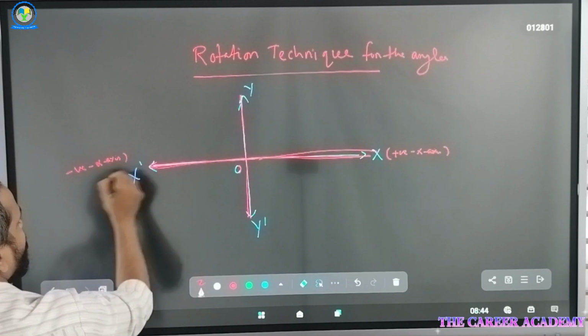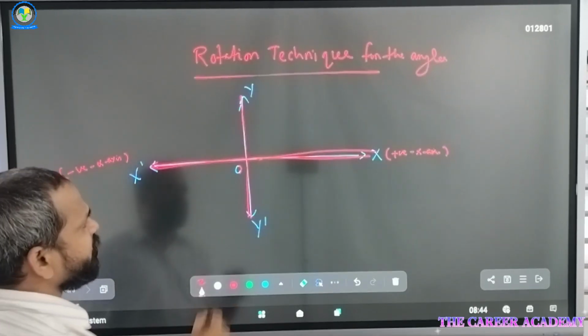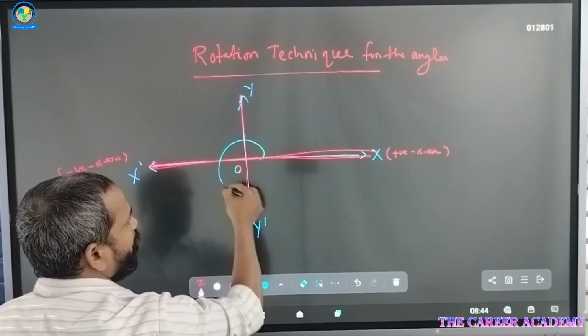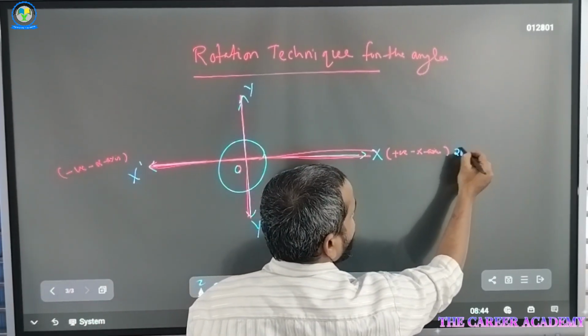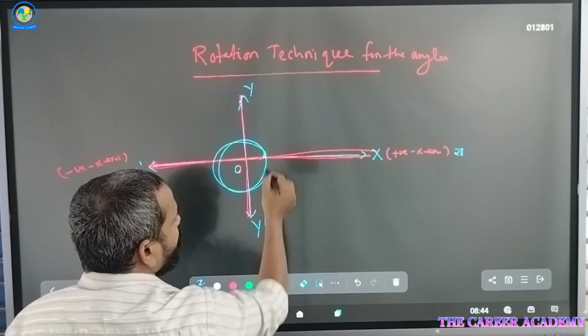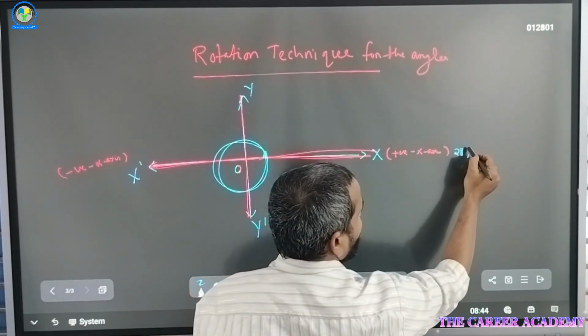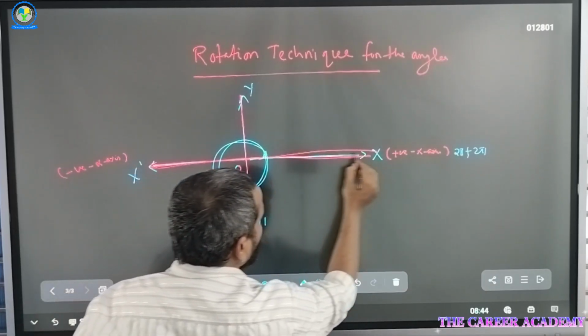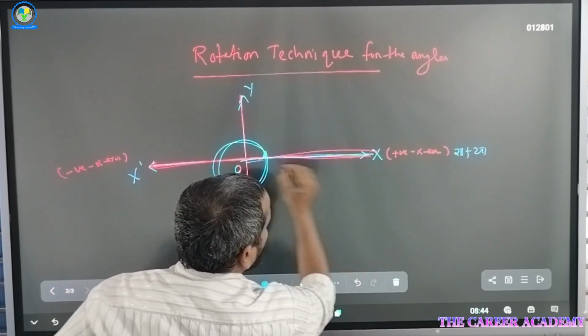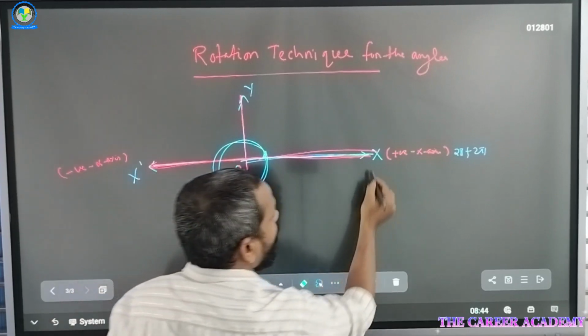Clear students? See, when we make one complete rotation, it completes 2 pi. Again you do another complete rotation, again it is 2 pi. That means the positive x-axis behaves in what form?